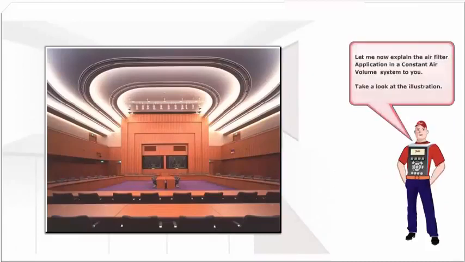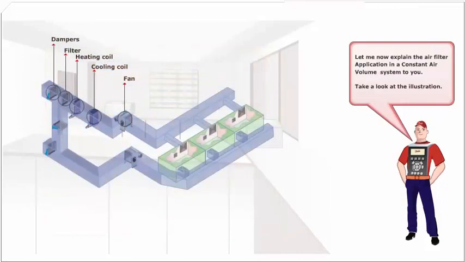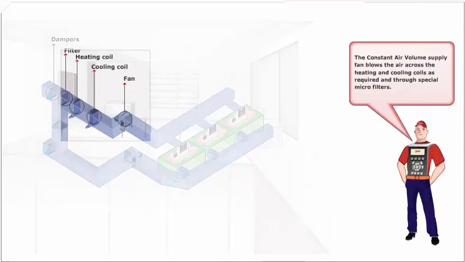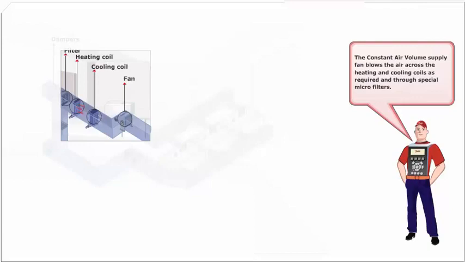Let me now explain the air filter application in a constant air volume system to you. Take a look at the illustration. The constant air volume supply fan blows the air across the heating and cooling coils as required and through special microfilters.